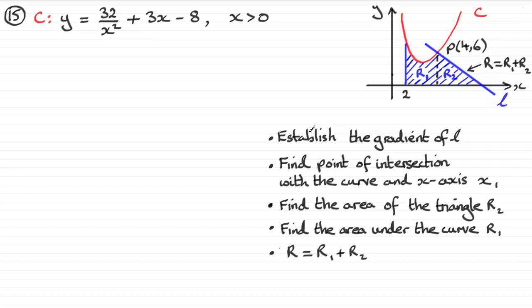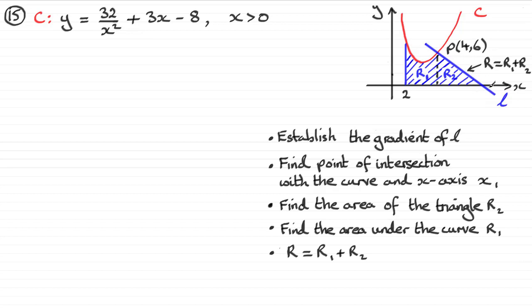What I'm going to do first of all is establish the gradient of this line L. And I can do that by working out the gradient of the tangent to the curve at this point P by differentiating the equation and then using the perpendicular gradient rule to get the gradient of this line.